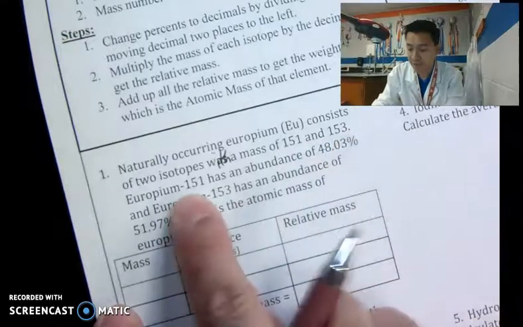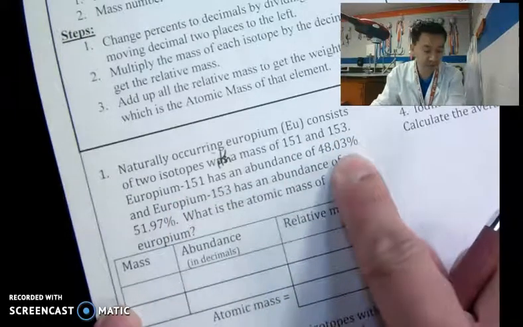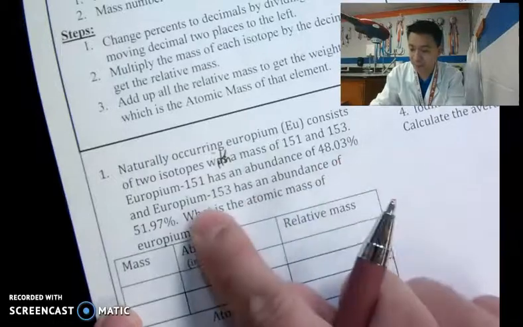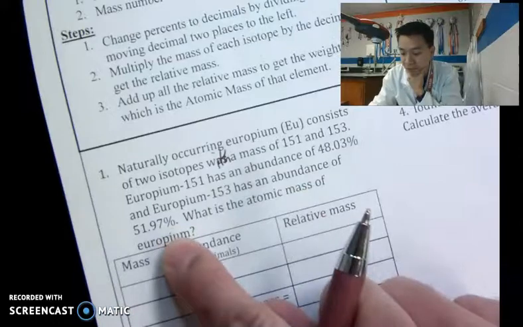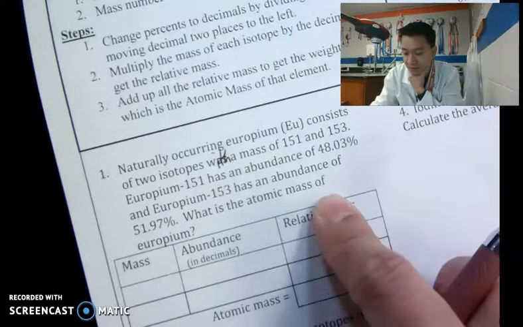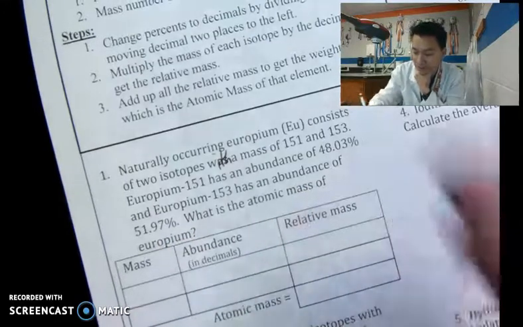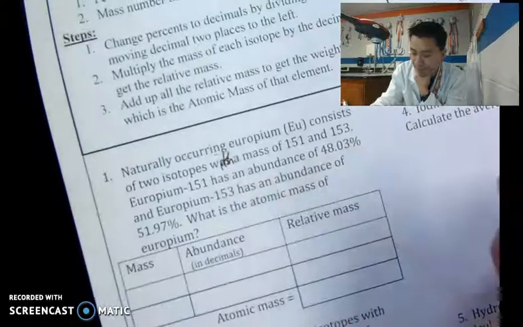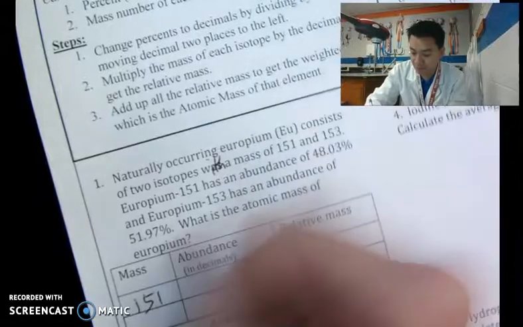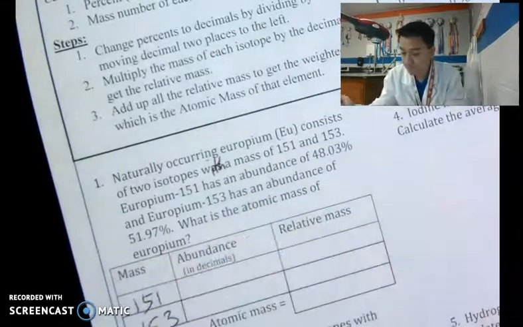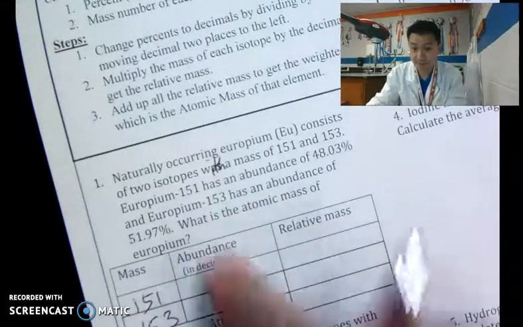Europium 151 has an abundance of 48.03%, and europium 153 has an abundance of 51.97%. What is the average atomic mass of europium? So the mass of the first isotope is 151, and the mass of the second one is 153.